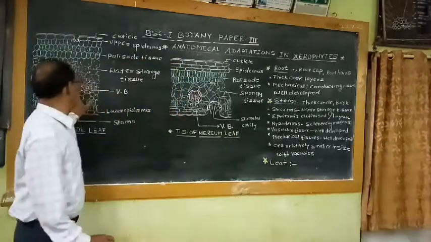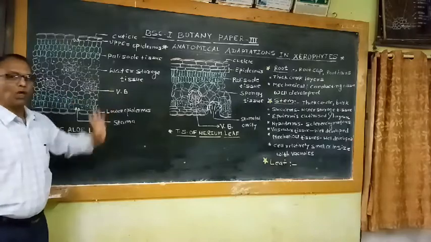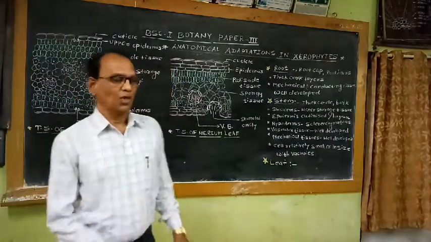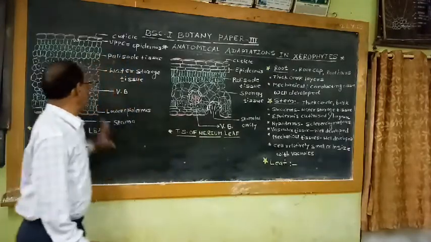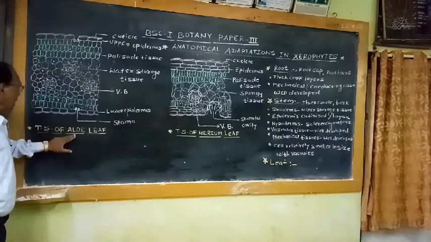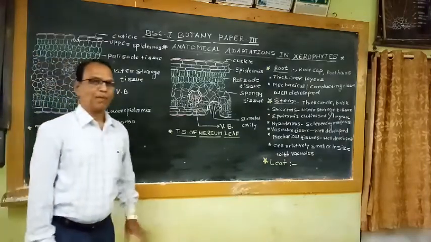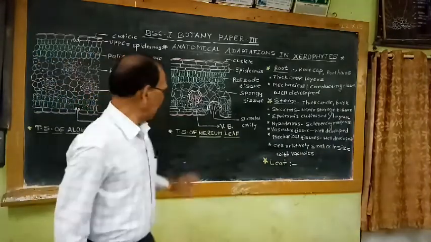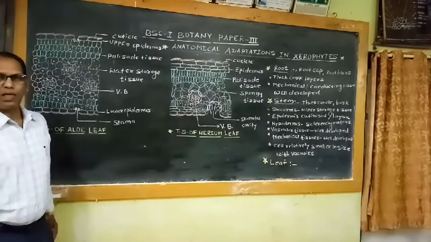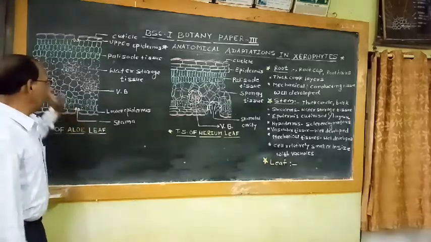So with the help of these two figures, these two diagrams, I am going to explain the anatomical adaptations in xerophytic leaves. In this case, this is the transverse section of an aloe leaf. We know very well, this aloe is an example of a succulent xerophyte. That means the leaves of the aloe become thick and fleshy for the purpose of storing water in excess quantity.